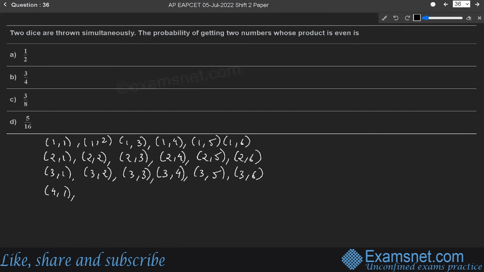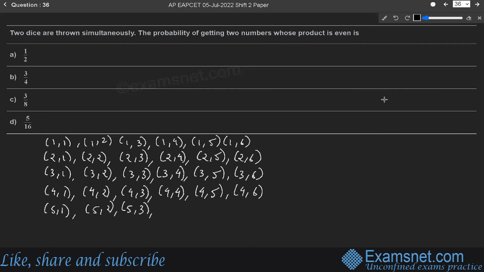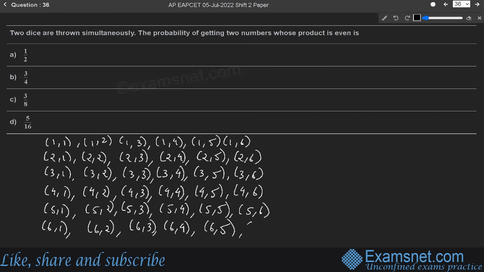Similarly, 4, 1, 4, 2, 4, 3, 4, 4, 4, 5, 4, 6, 5, 1, 5, 2, 5, 3, 5, 4, 5, 5, and 5, 6, and 6, 1, 6, 2, 6, 3, 6, 4, 6, 5, and 6, 6. These are the possible outcomes when 2 dice are thrown simultaneously.